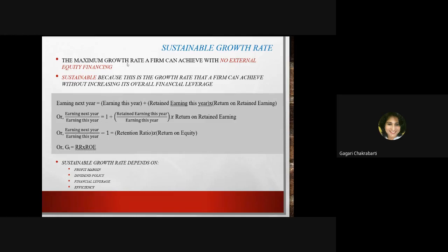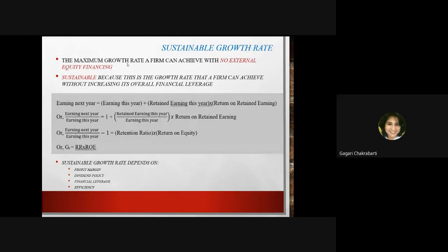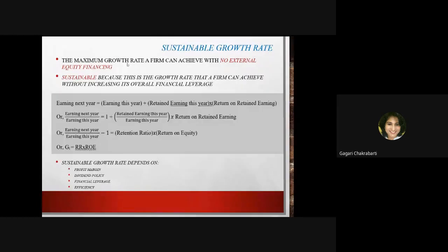So there is a difference between the internal growth rate and the sustainable growth rate. The difference is that in the internal growth rate, the firm is going for no external financing of any kind. And here the firm can achieve it with no external equity financing. So it will be using its own equity financing in order to finance its new projects.